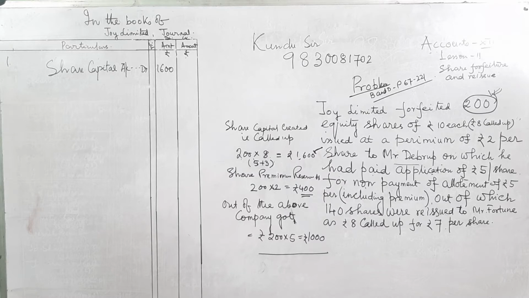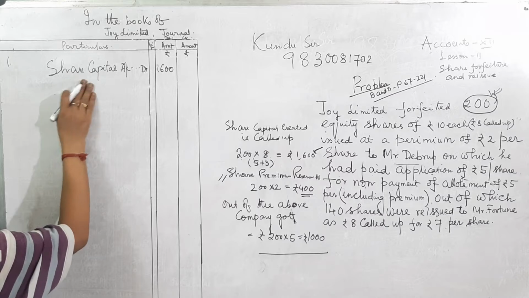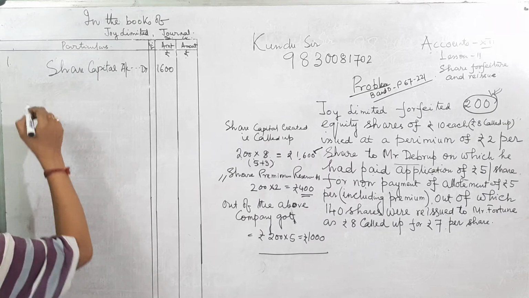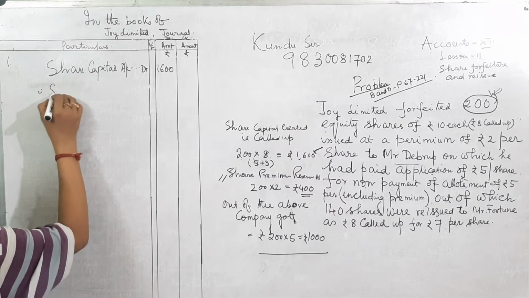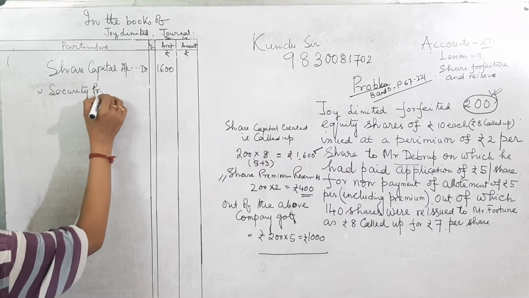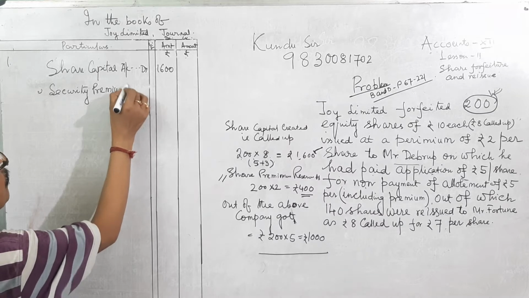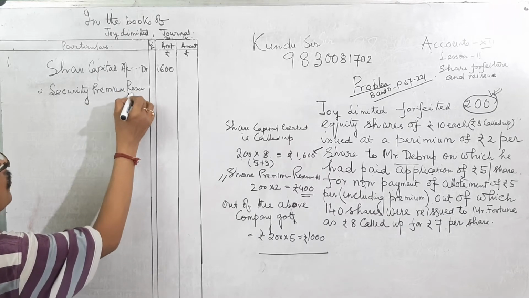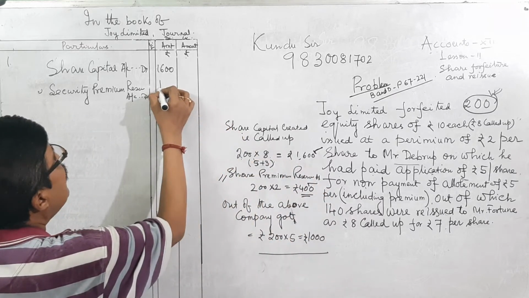But in case of not getting the share premium, reversal entry, that is share premium reserve account debit. How much? It is 400.